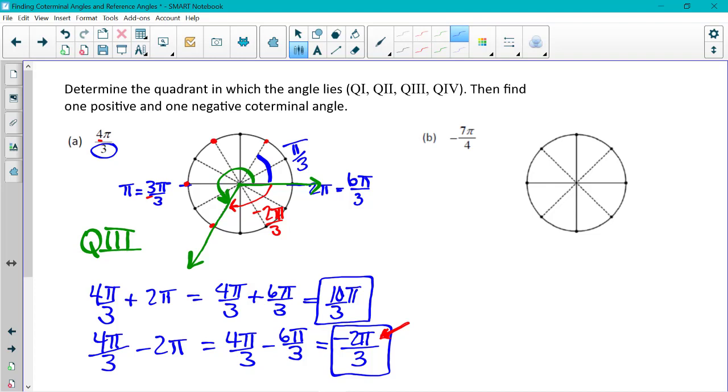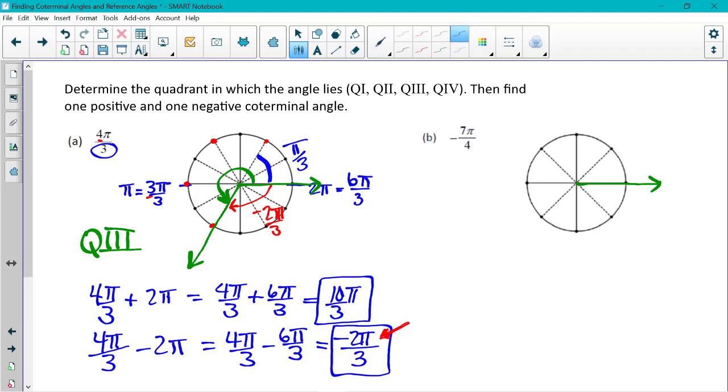So if I have negative 7 pi over 4, where would the terminal side lie? Well, I'm starting on the positive x-axis. Now we're doing negative rotations, but we know this is our 8-sector circle, and each sector is 45 degrees, or pi over 4 radians.